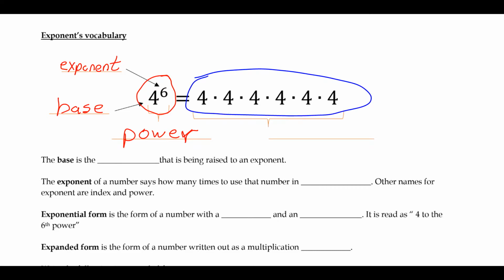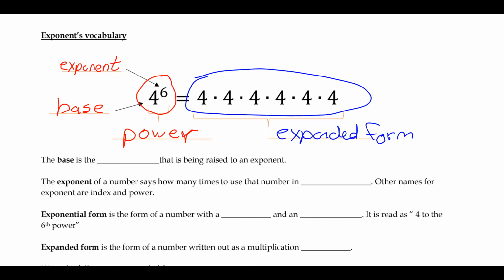What we call this is expanded form. And you're going to learn to use expanded form a lot. That's how we really solve a lot of our problems: we take a look at what the exponent tells us, and we expand everything out. So that expanded form is really going to come into play in the future.